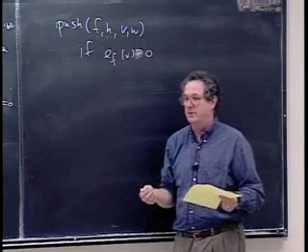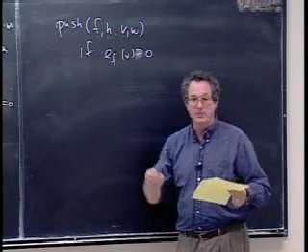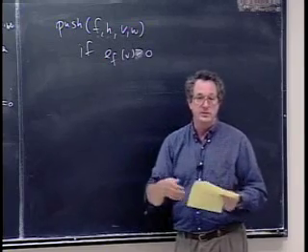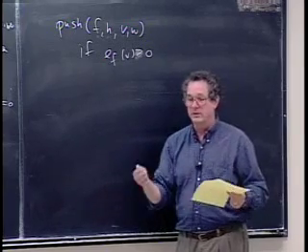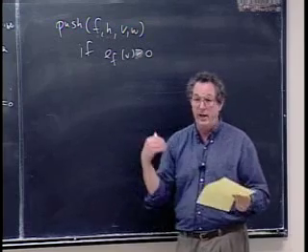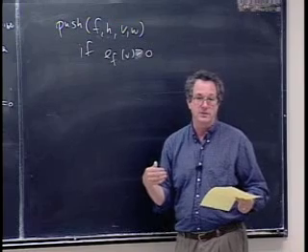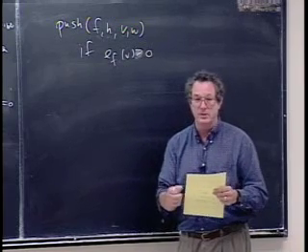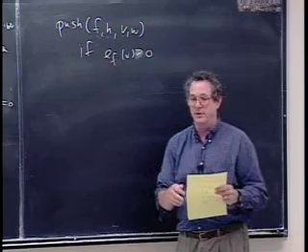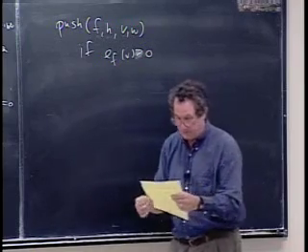And how can the algorithm get rid of excess at a node? It can either push it forward to some other node, or it can push it backwards against some flow that was into V, to some node that gave it the excess.